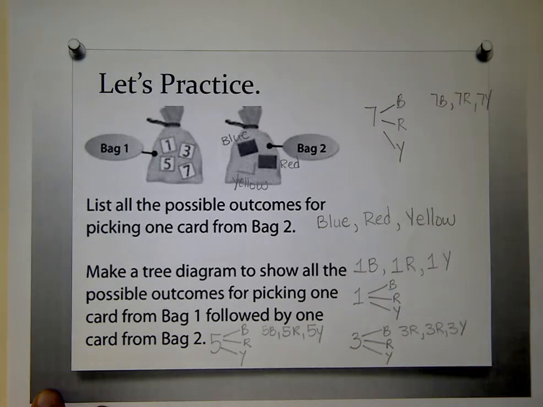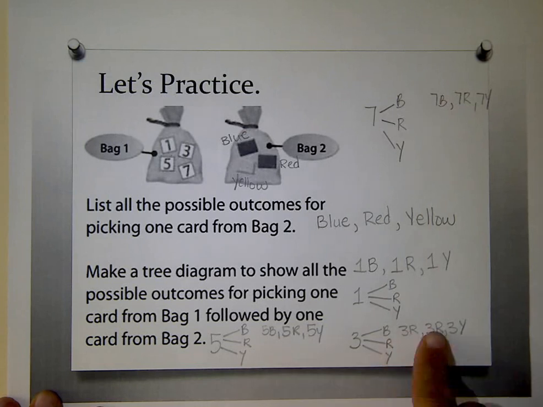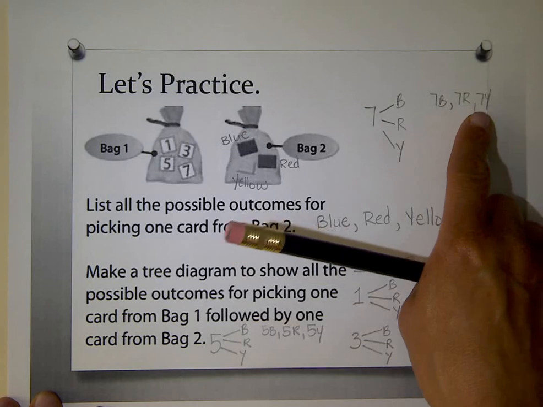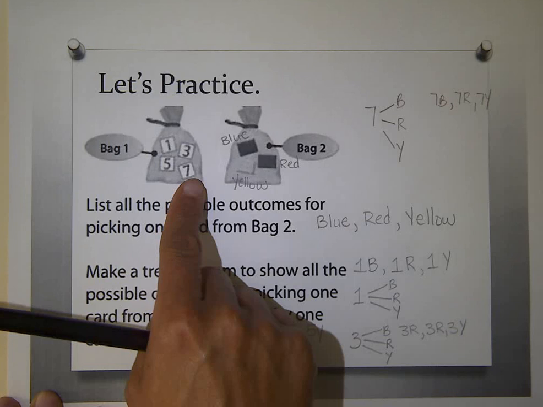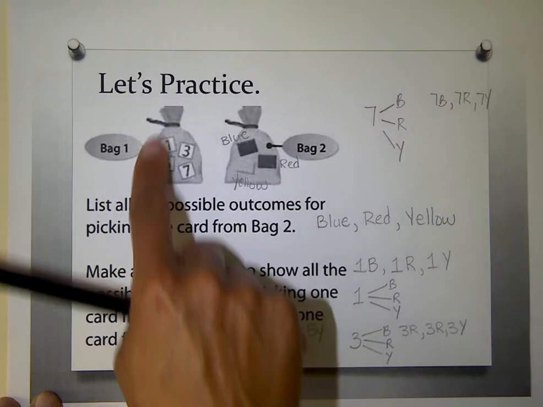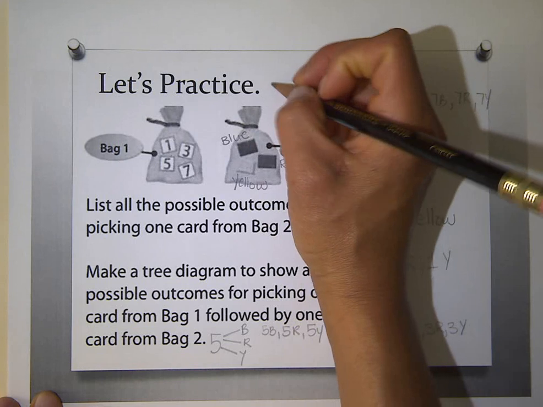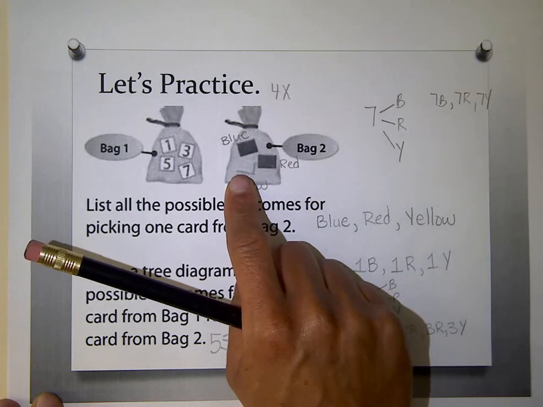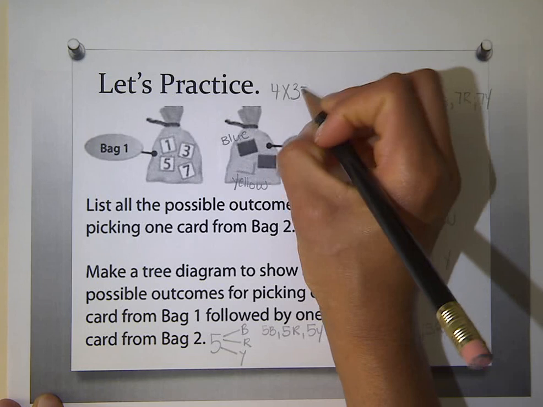So the number of outcomes would be 12. 12 possible outcomes. And that makes sense because there are 4 number cards in the first bag, and 3 colored rectangle cards in the second one. So 4 times 3 is 12.